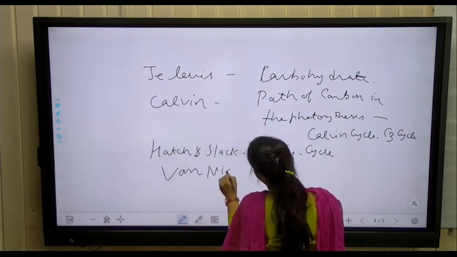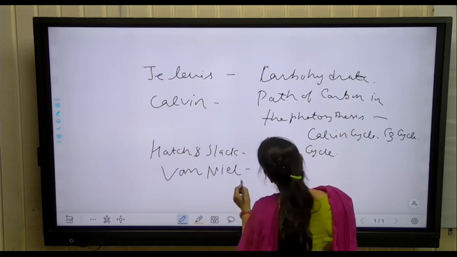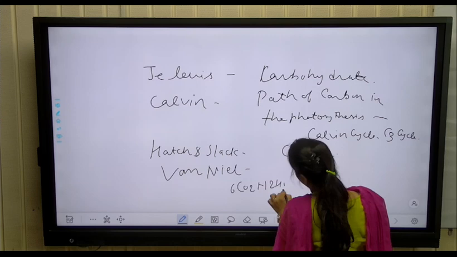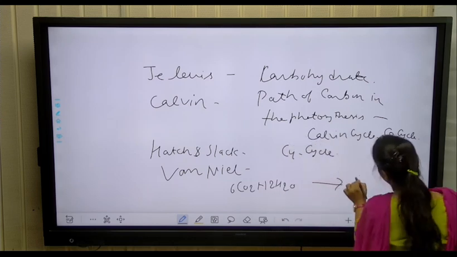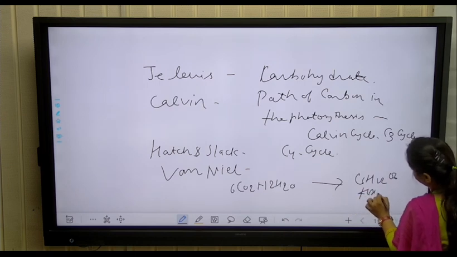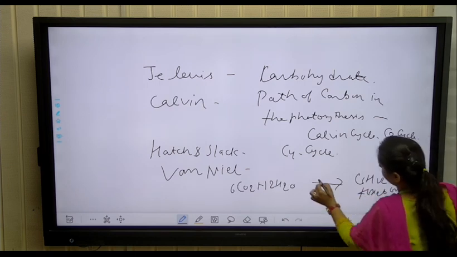And then the last was Van Niel, who gave the equation of photosynthesis, that is 6 CO2 plus 12 H2O converted into C6H12O6 plus 6 H2O plus 6 O2 by the use of light.